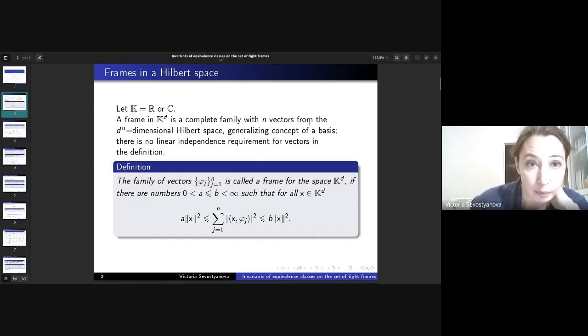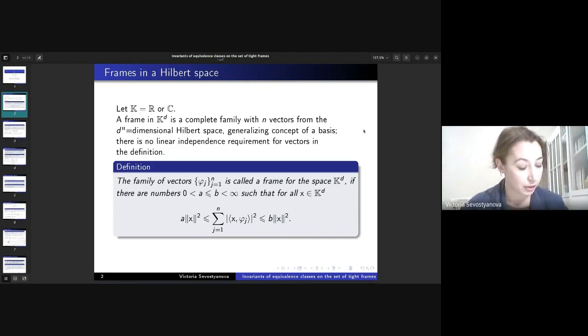A frame is a complete family of n vectors from a d-dimensional Hilbert space. In some sense, a frame generalizes the concept of a basis. Of course, there is no linear independence requirement for the vectors in the definition, but this construction can be useful in many cases.